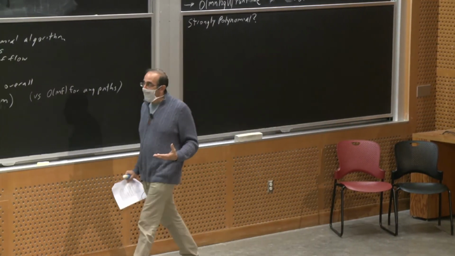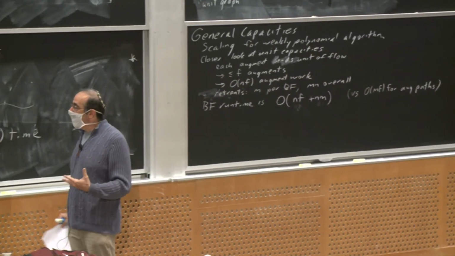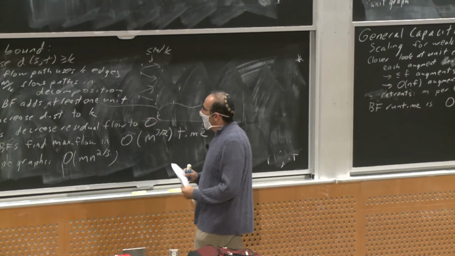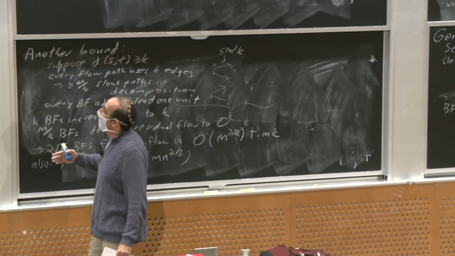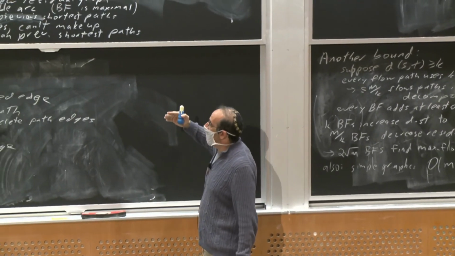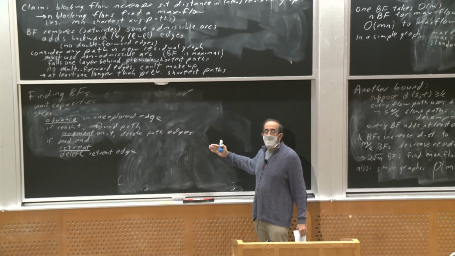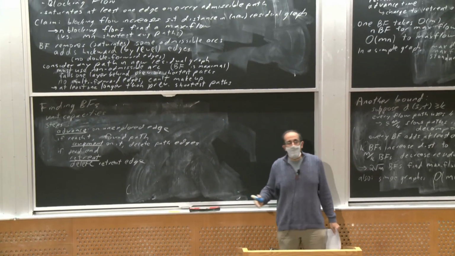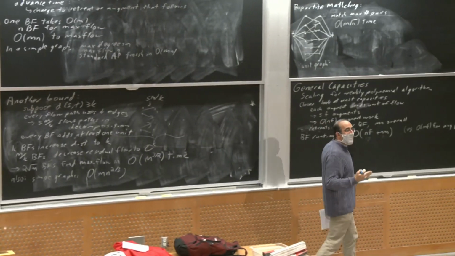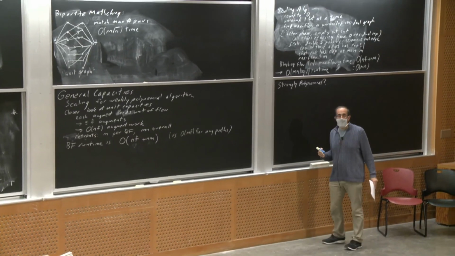The answer is yes. Essentially, the way that this solution was developed was that people said, I have this general shape of a blocking flow algorithm in terms of advances and augments and retreats. So can I develop a data structure that will let me do a more efficient job of advances, blocks, and retreats?